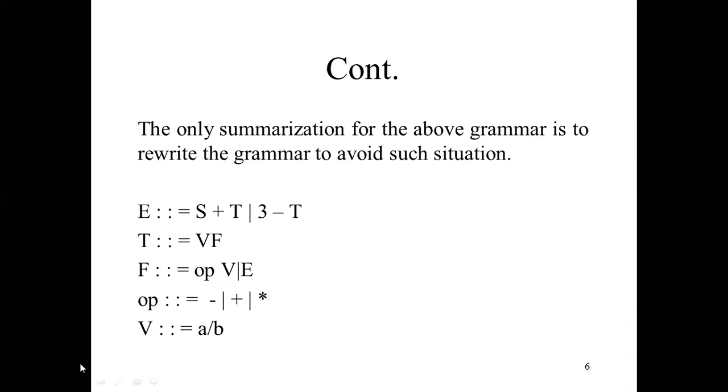Okay, so here we can see that there is a little bit of updating, and in the third step F is equivalent to OPV. So we will put the sign here, maybe negative V or positive V or star V. Okay, so we can replace as per need, as per choice, but this is the fixed grammar, OPV or E.